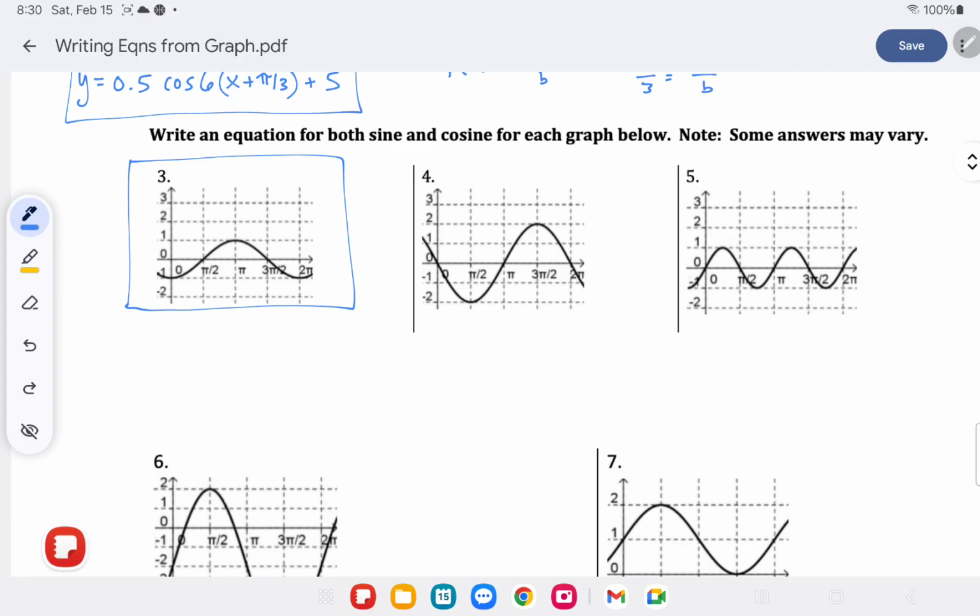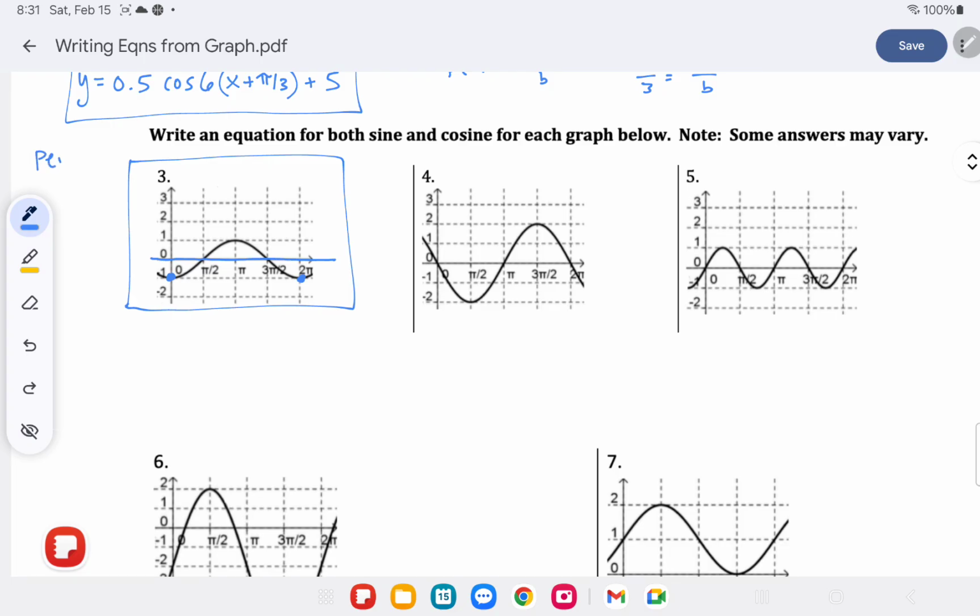So I'm going to start by figuring out midline, amplitude, and period. Our midline is the x-axis. So we're not shifting up or down at all here. Our period, where does it start repeating itself? It repeats itself after 2 pi.